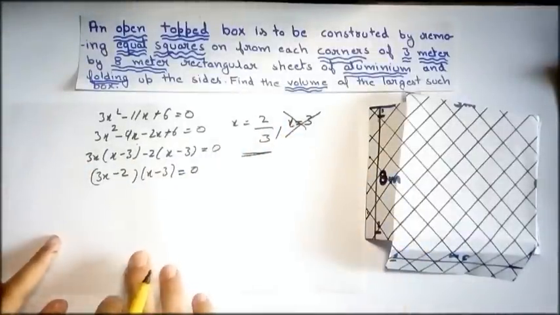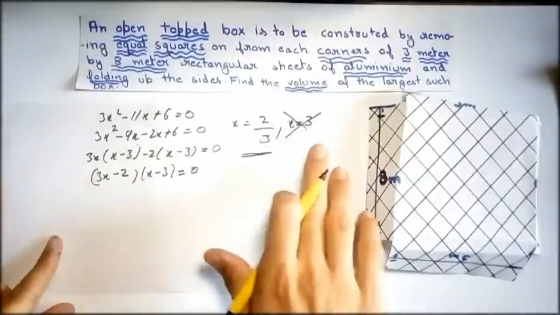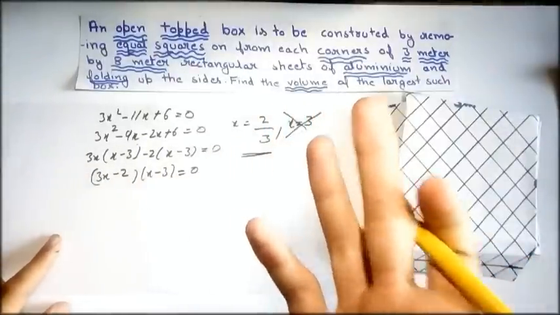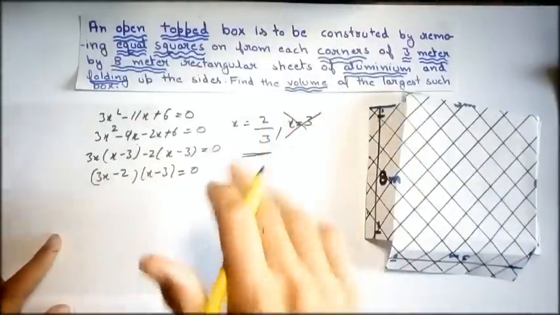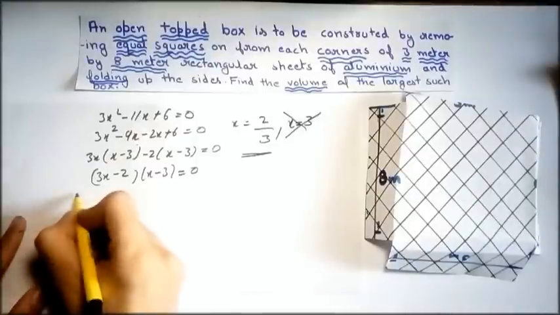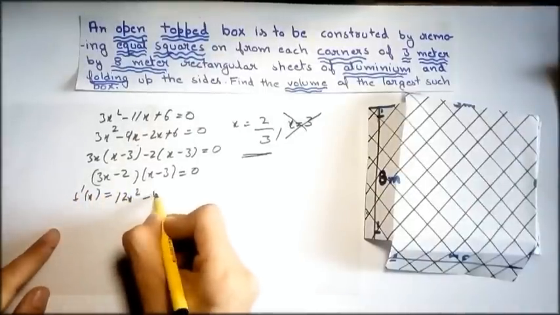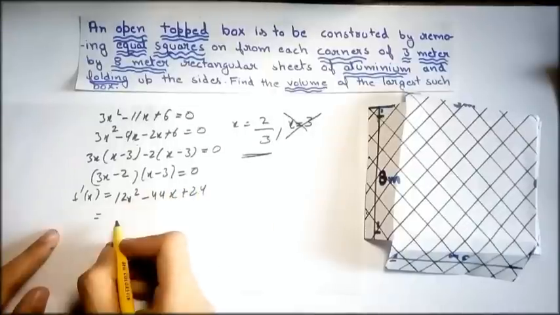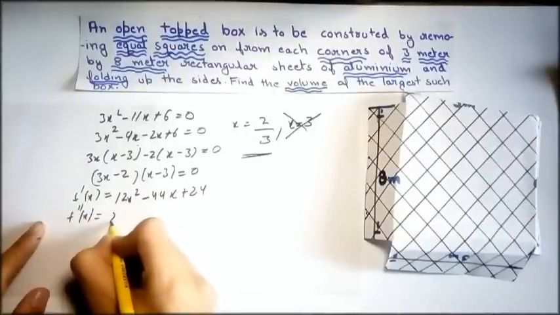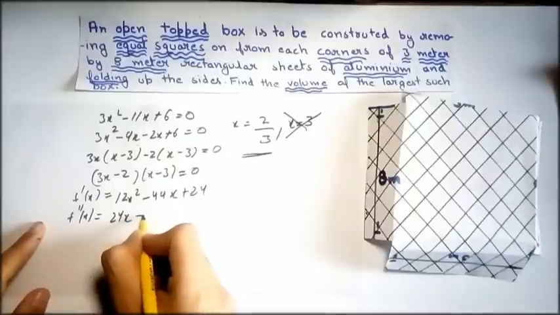Now to find out whether this value of x is maxima or minima, we first need to find f double dash x. So f dash x was 12x square minus 44x plus 24. Now f double dash x is 24x minus 44.